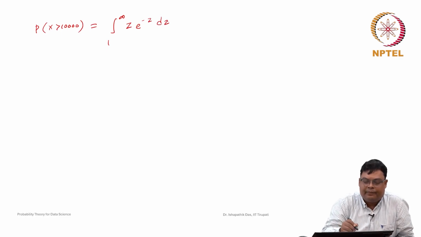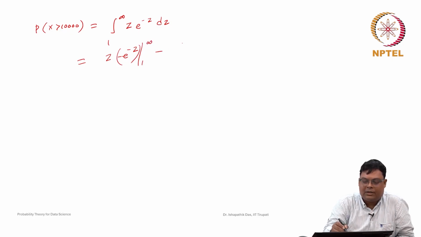So, now we can use integration by parts to do it. So, let us take z, then the integration is minus e to the power of minus z. So, then this is the integration of these things 1 to infinity.